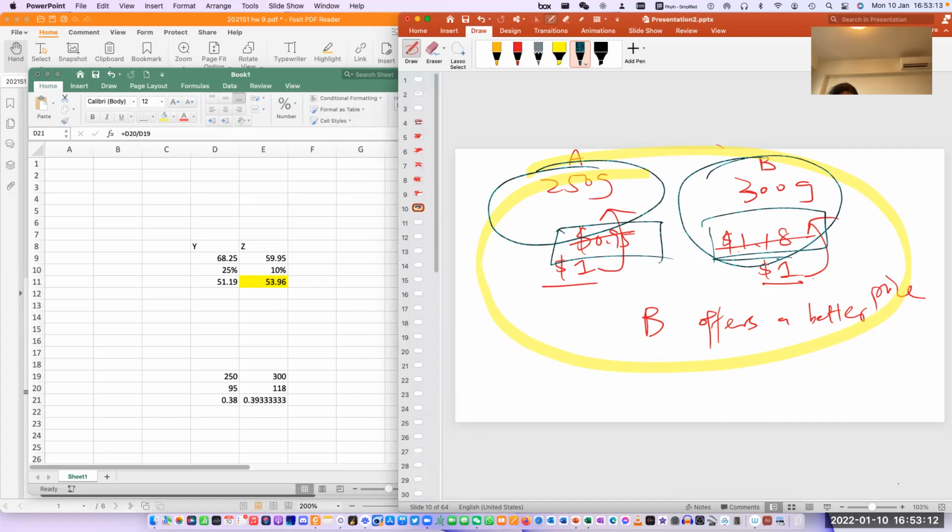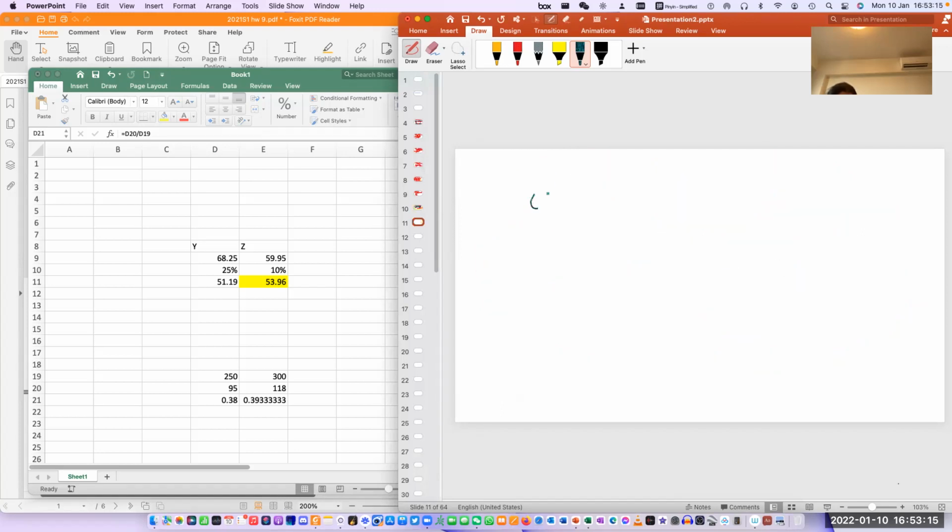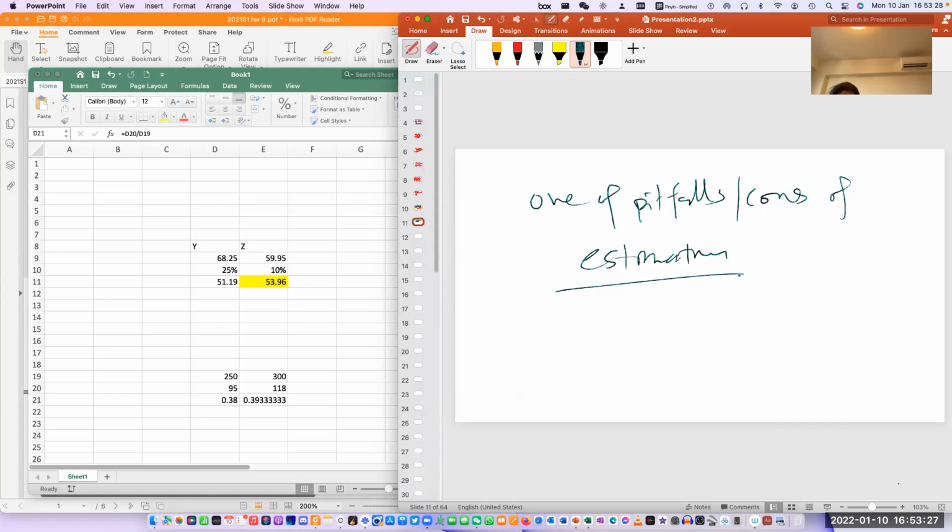So this is also one of the pitfalls, or cons, of estimation. If the numbers are vastly different, like $100 and $150, a $50 difference, then the estimation will be accurate.